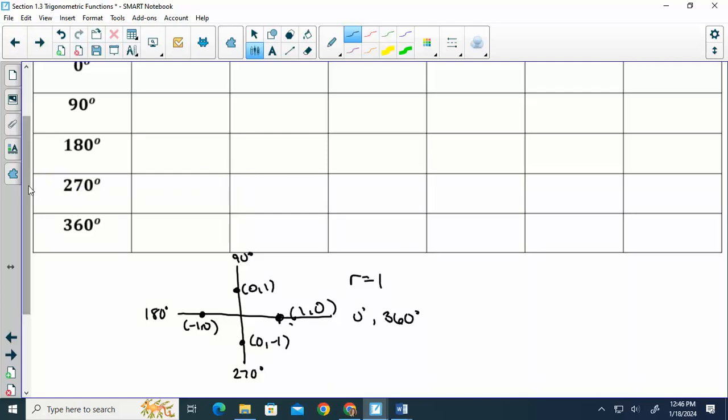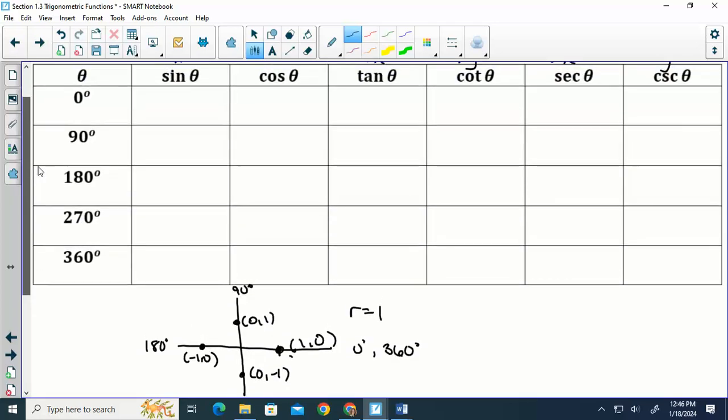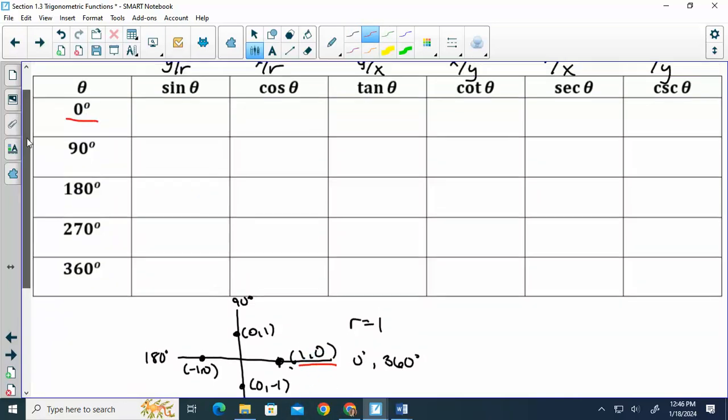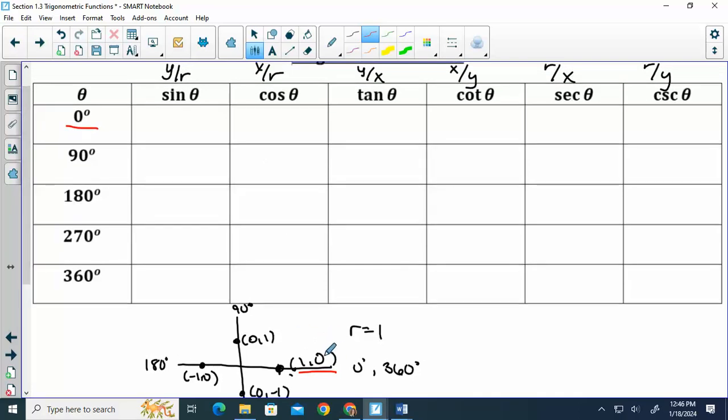So if I'm talking about 0 degrees, we're using the point 1, 0. So sine, y over r, would be 0. Cosine, x over r, is 1 over 1.